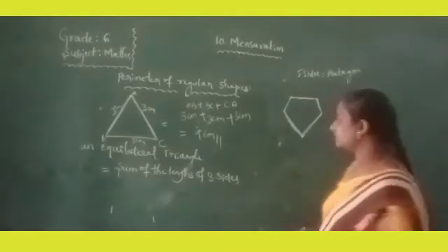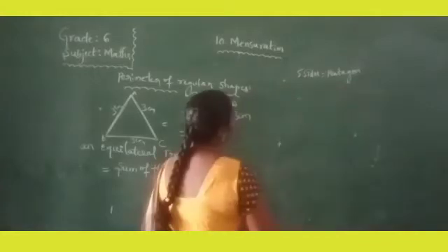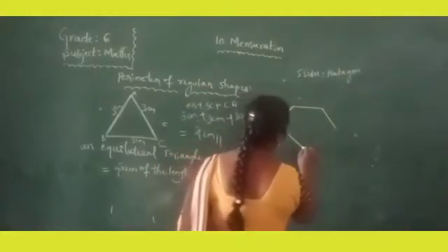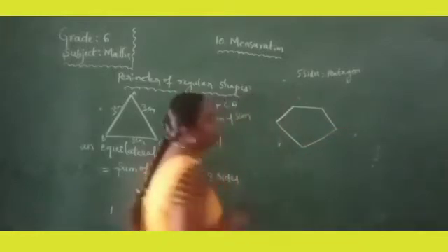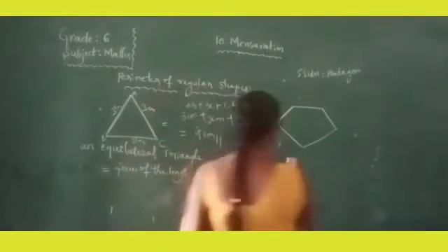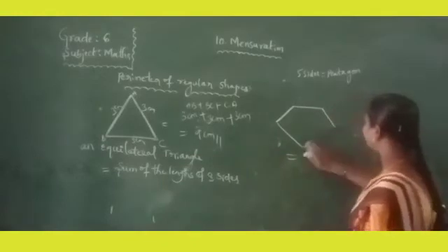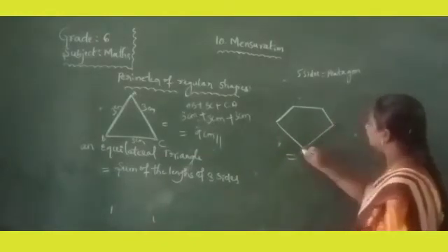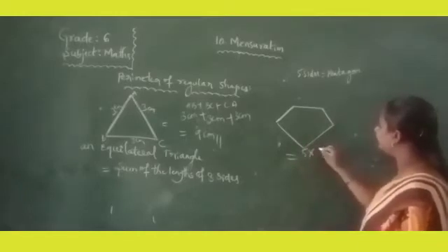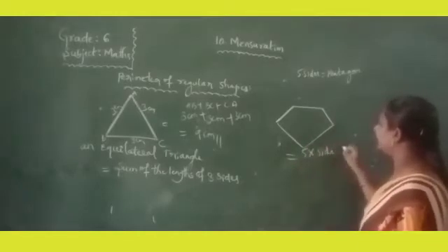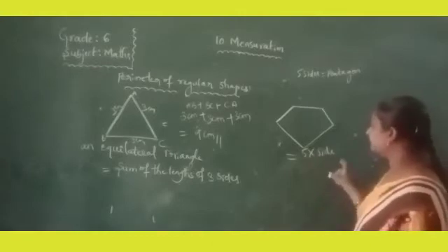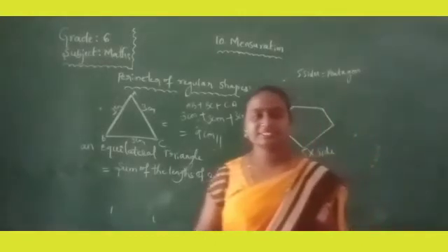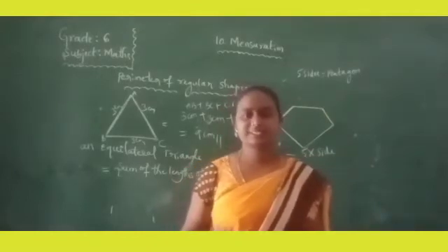So what is the perimeter of this pentagon? If 6 sides, we call it a hexagon.